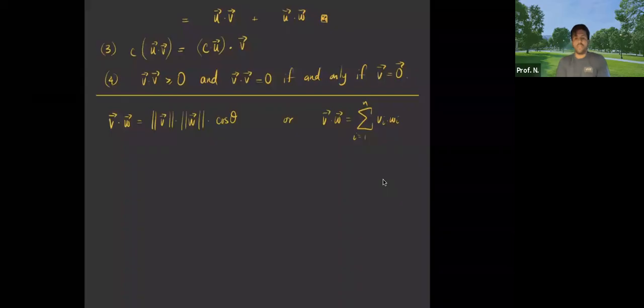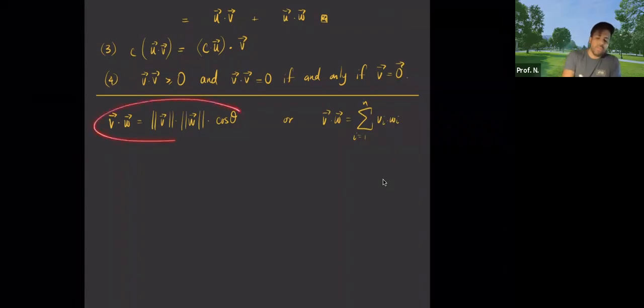So those are the two different ways for dot products to be defined. Sometimes one definition is more convenient than the other. And we showed how these two things are identical. Now, what's good about this definition is that you can actually define the angle as a dot product.